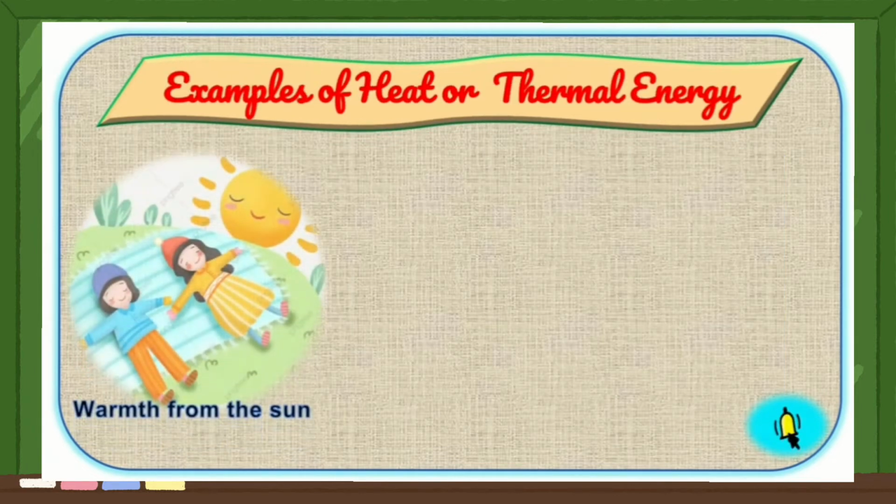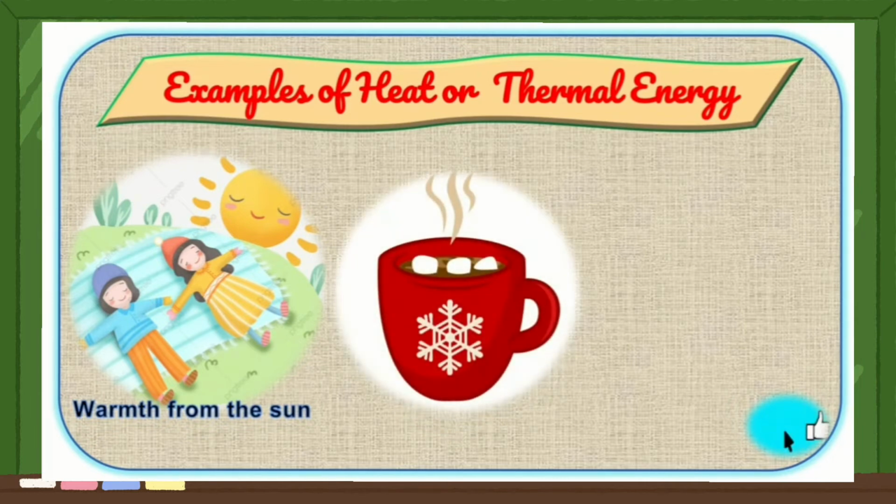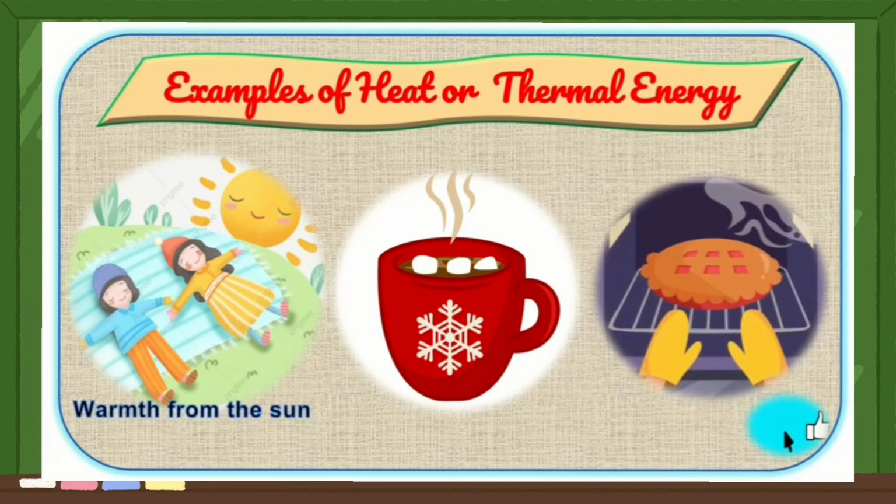We have the warmth from the sun, especially kapag sobrang malamig, di ba? We feel the warmth from the sun, a cup of hot chocolate or coffee, and baking in an oven. So these are examples of heat or thermal energy.